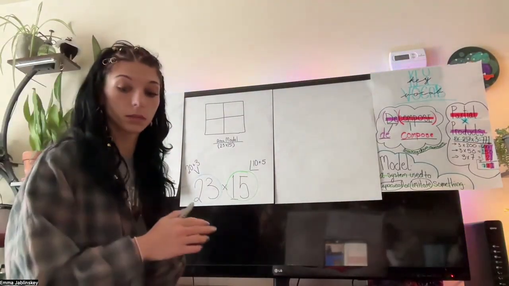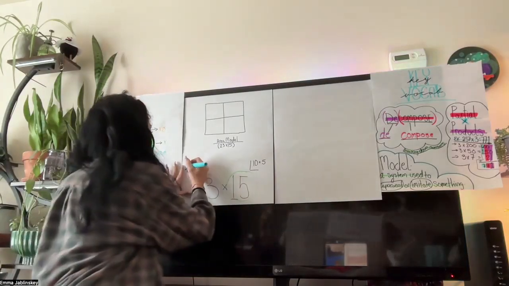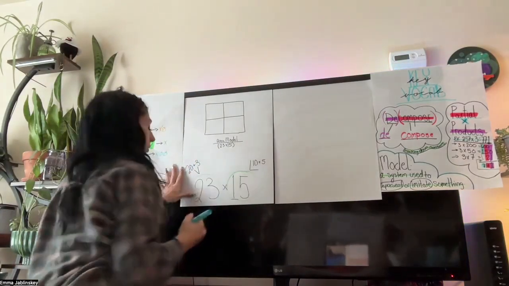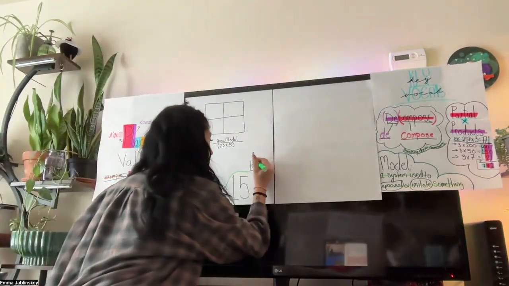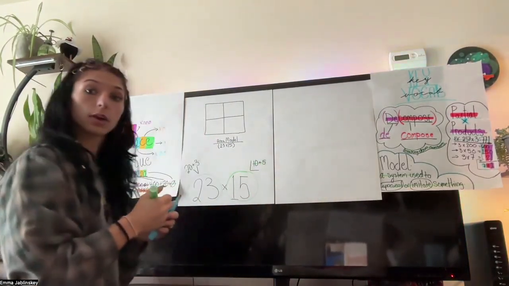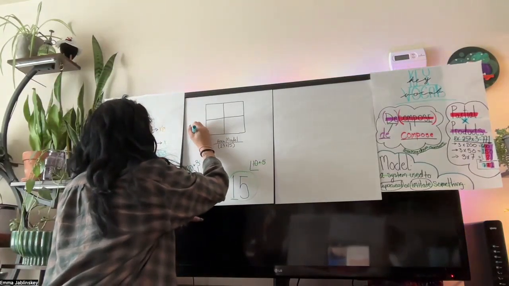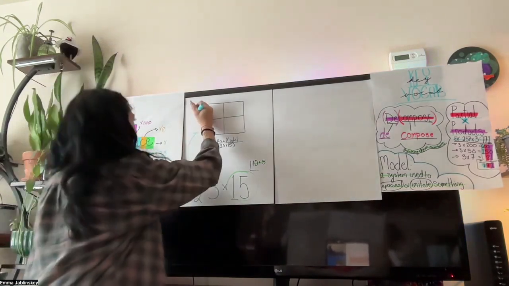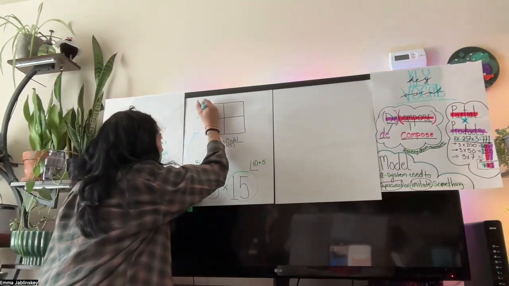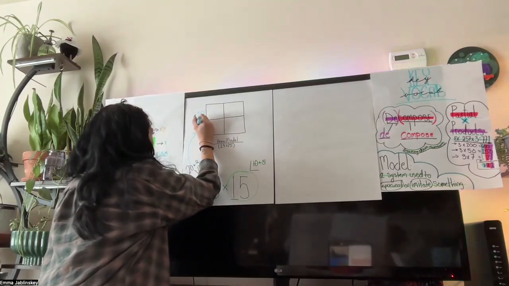So starting here, we'll go with our blue first. Now we're going to input our partial products that we found into our area model. So this one's going to go here. And it'll be 20 and 3.